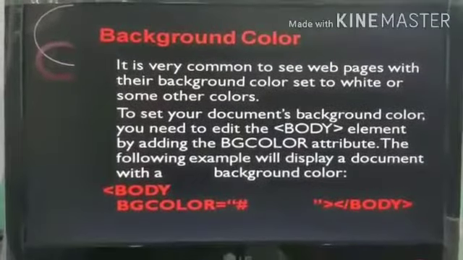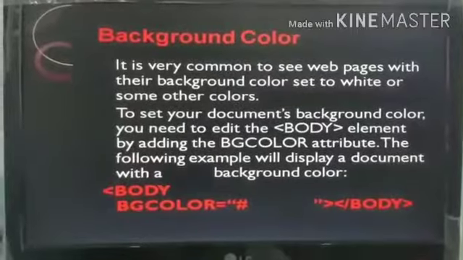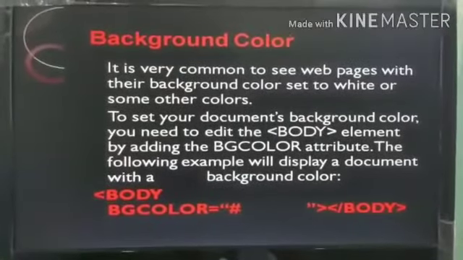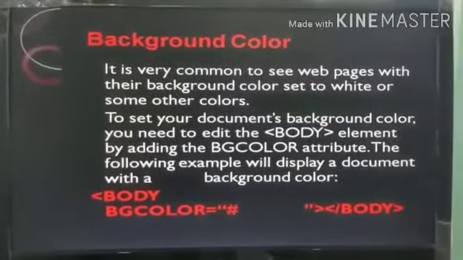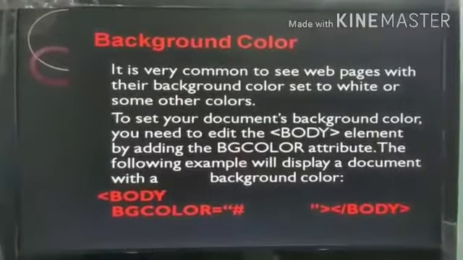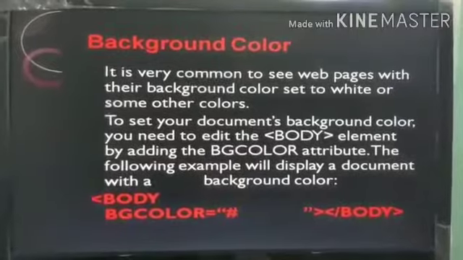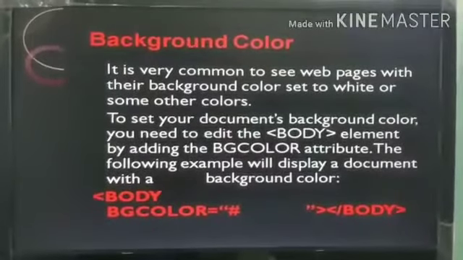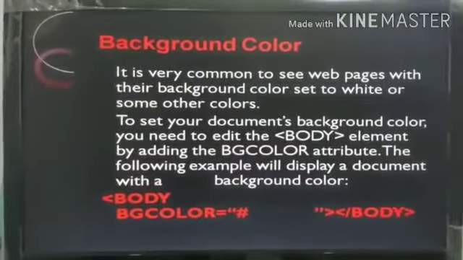The next attribute of body tag is BG color, which is used to provide any color for the background. It is very common to see web pages with their background color set to white or some other colors. To set your document's background color, you need to add the BG color attribute to the body element. So here you can see a syntax or an example of how we can apply the background color for any web page.